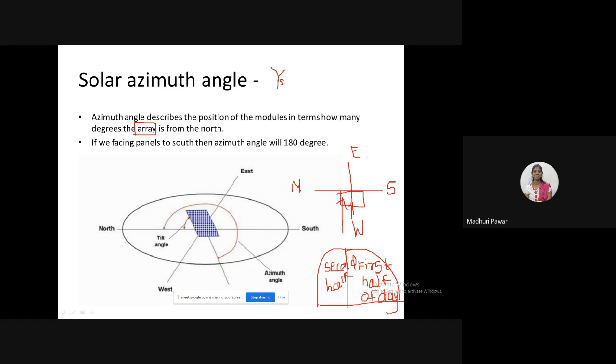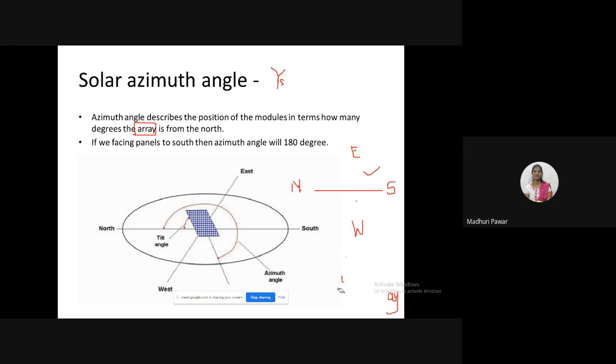So if we keep our panel surface towards the east side, the first half of the day will be utilized, and if we keep the solar panel surface towards the west side, solar rays will fall on the surface only in the second half of the day. So it will not be useful, since only half the day is used.